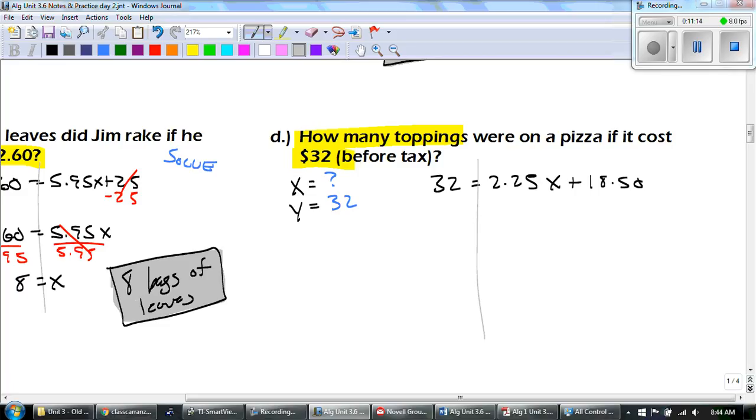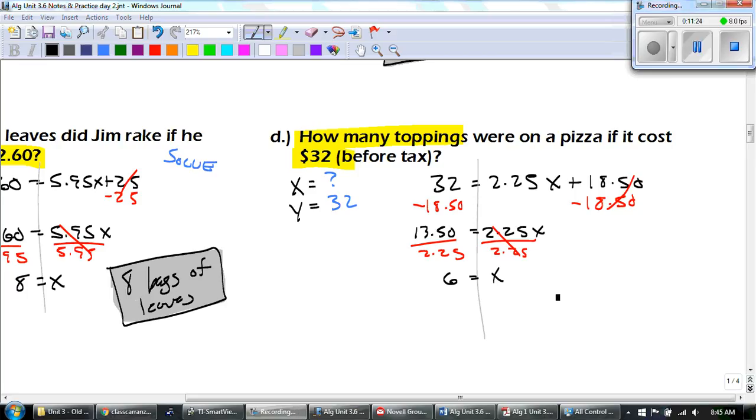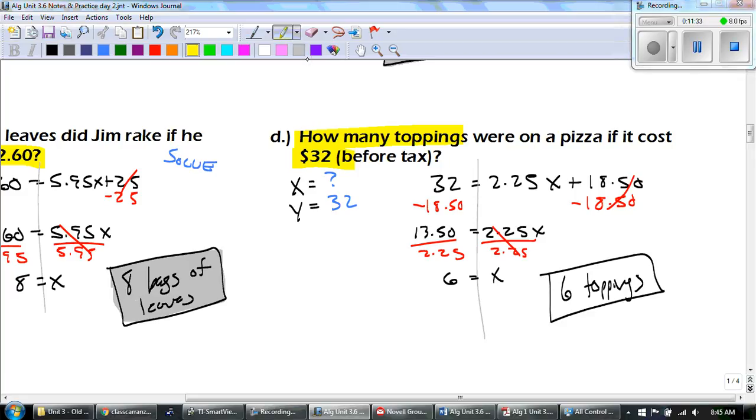Go ahead and pause the video and good luck. Okay, so once you are solving, you had to subtract the 18.50 from both sides, then divide by 2.25, and then we get that x was 6. And so we're talking about 6 extra toppings on the pizza.